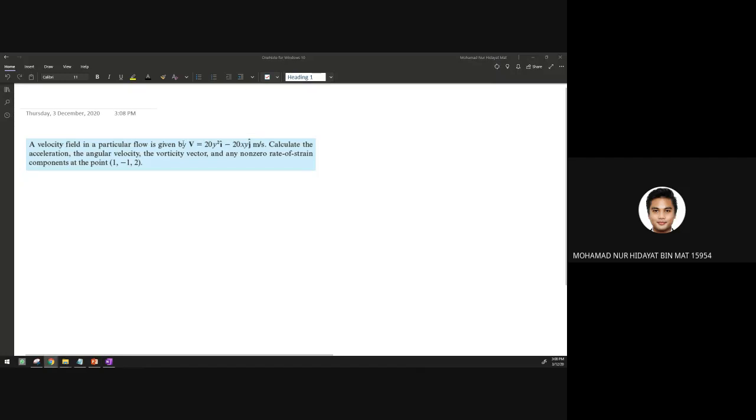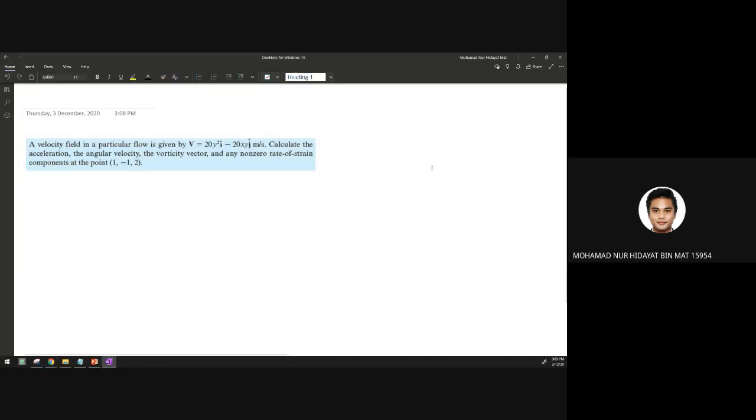Capital V equals 20y squared i minus 20xy j meters per second. Calculate the acceleration, angular velocity omega, vorticity vector, and non-zero rate of strain component at point (1, -1, 2). So here is the question.